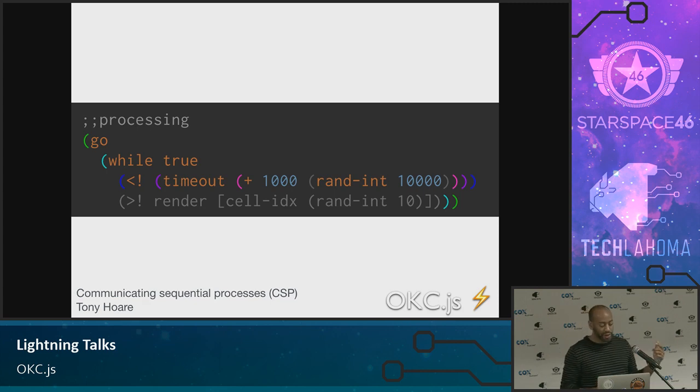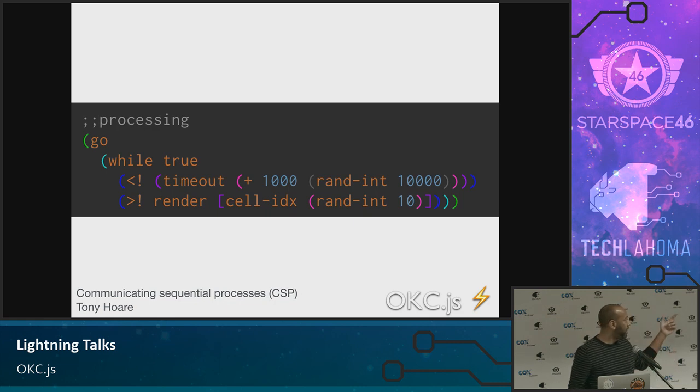So what you have is a timeout that takes 1,000 milliseconds plus some random number between 1 and 10,000 and uses that for a timeout. So effectively this code says, hey, I want you to block for somewhere between 1 and 11 seconds. And then take whatever the index of the cell is and some random number and push that to this other thread's queue, and then just go back and wait.